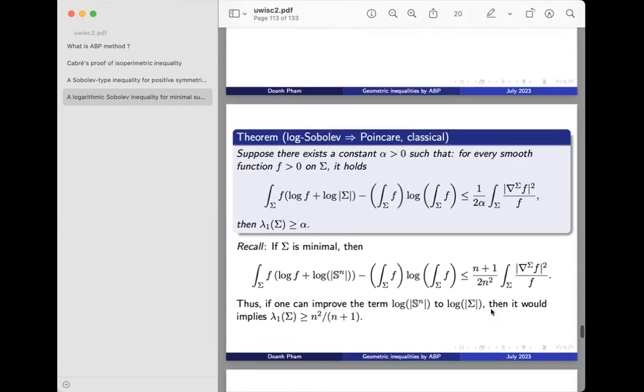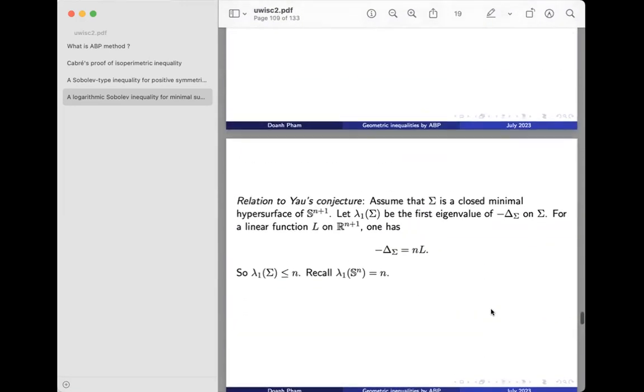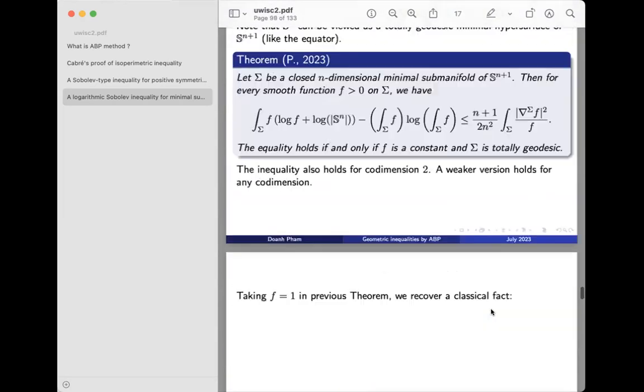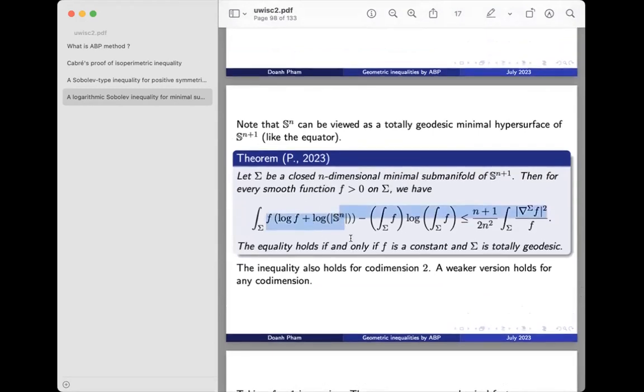Thank you for your question. Yes, there is a weaker version of the higher codimension. So you see this term right here, the term log Sn in higher codimension. There is another term that looks similar to this, but not quite.